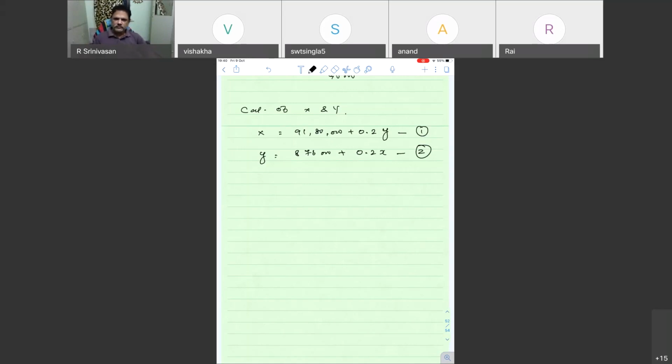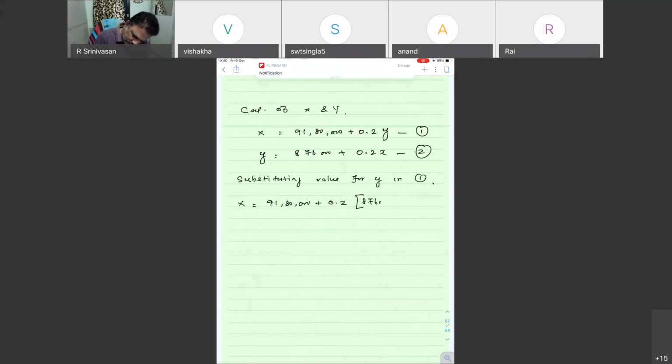Got it? Let's solve this equation and get what is the X value, what is the Y value. Substituting the value for Y, X will be 91 lakh 80,000 plus 0.2 into 8,76,000 plus 0.2X.